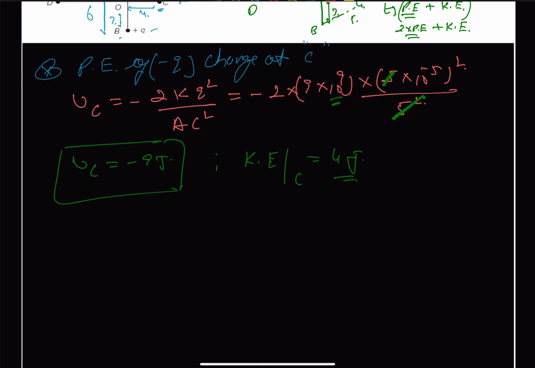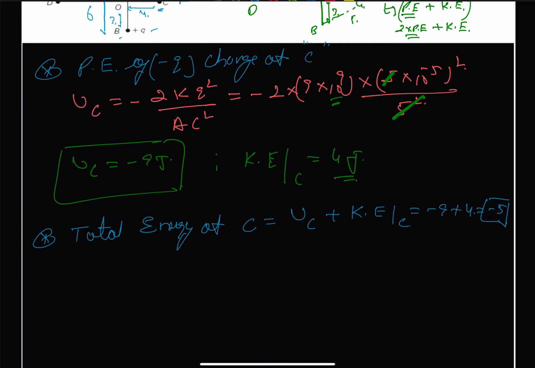Therefore, total energy at C will be equal to UC plus kinetic energy at C. And UC we found out is -9. So this comes as -9 plus 4, giving us -5 joules.